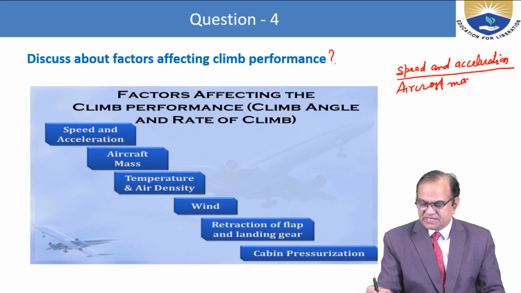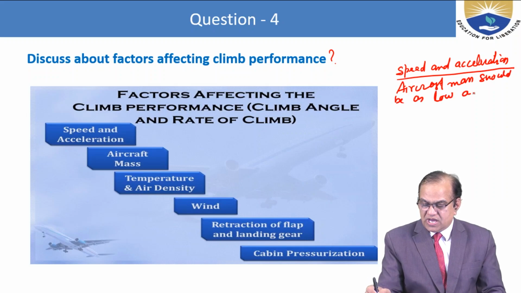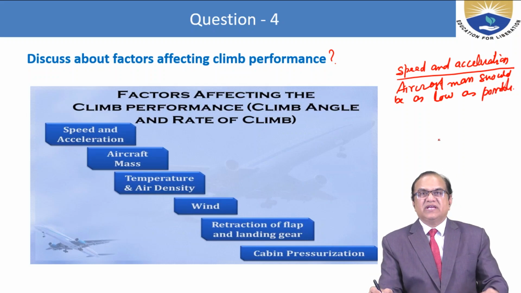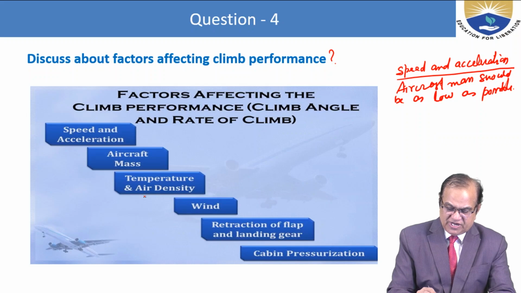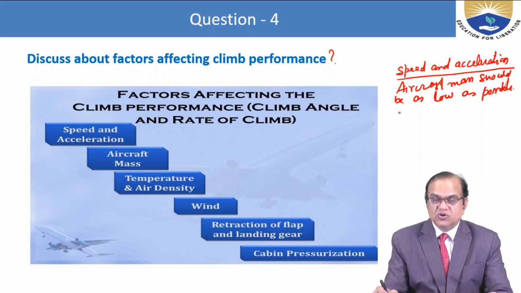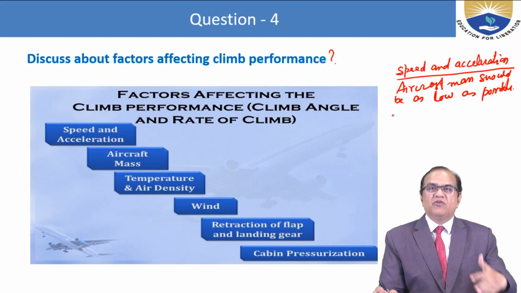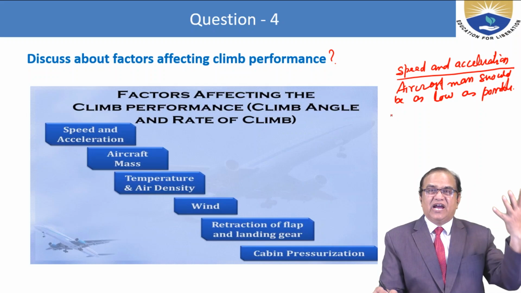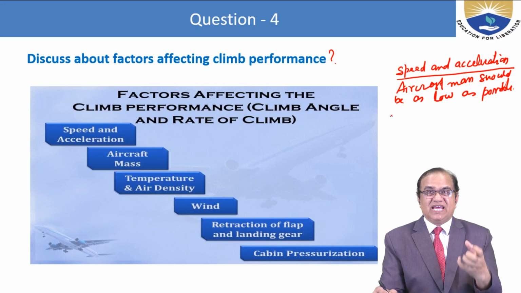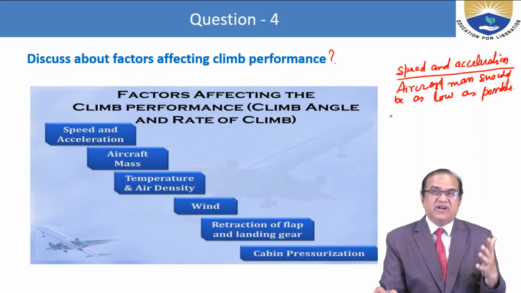Then aircraft mass should be as low as possible. Then the third one is the temperature and the air density. If you want to fly in a high temperature, or at a high altitude where density is less, there the rate of climb and climb angle will be less.